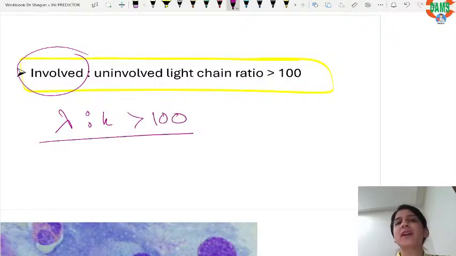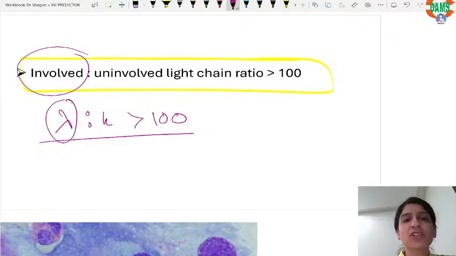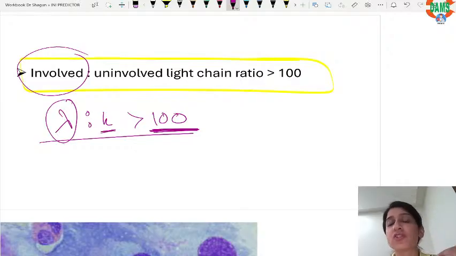Obviously, it says that lambda chain should be more than 100 times being formed as compared to the kappa chain. मतलब lambda chain 100 गुना ज़्यादा बननी चाहिए as compared to the kappa chain, and obviously it makes sense. It's a lambda restricted multiple myeloma, so obviously I will have a lot of lambda chain as compared to the kappa chain, and this is what this biomarker of malignancy means. So this was your entire criteria of multiple myeloma.